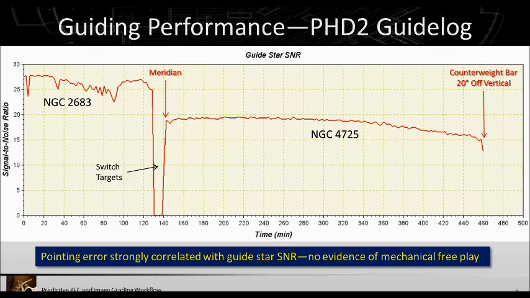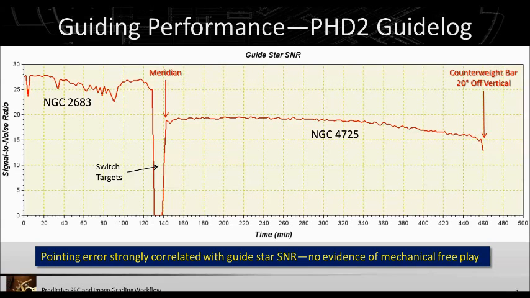So the pointing error actually is tracking this guide star signal to noise ratio quite well. And what that's really telling you is, boy, if you can, find a guide star that gives you a significant signal to noise ratio, up in the 25 or so, and you'll be better off.